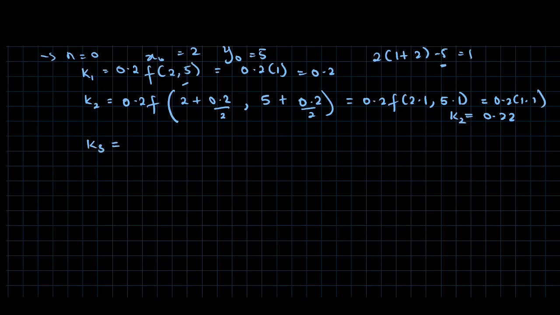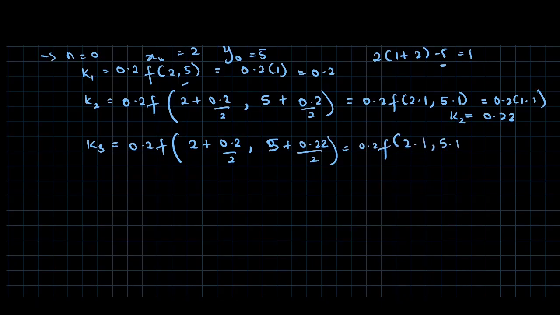Now for k3, we're going to have 0.2 f of 2 plus 0.2 over 2, which is h over 2, comma y plus k2 over 2, in this case k2 is 0.22. So that is 0.2 f of 2.1 and 5.11. You substitute this into the equation, then multiply by 0.2, and you're going to get 0.218 actually.